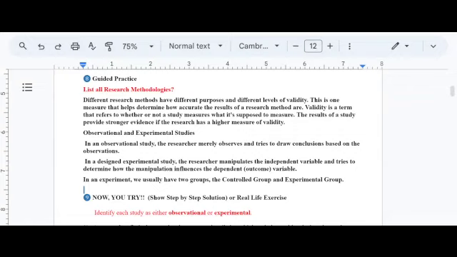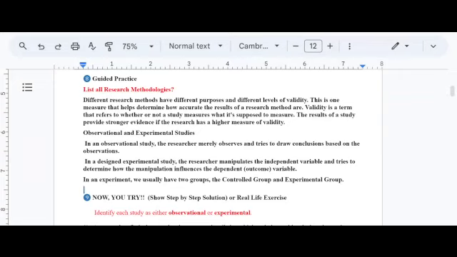Observation and experimental studies. In an observation study, the researcher merely observes and tries to draw conclusions based on the observation. In a designed experiment study, the researcher manipulates, plays with the independent variable, and tries to determine how the manipulation influences the dependent variable.